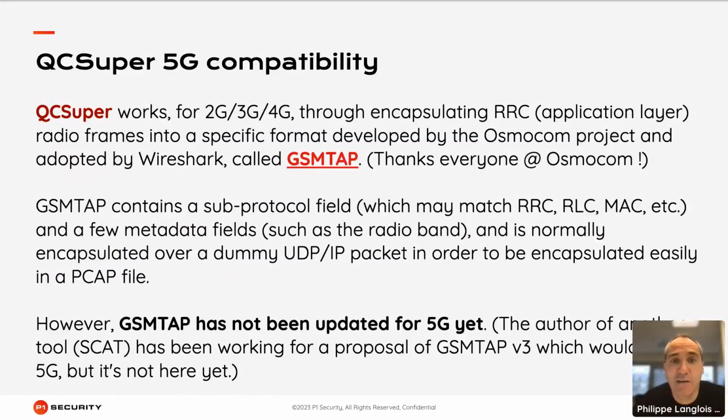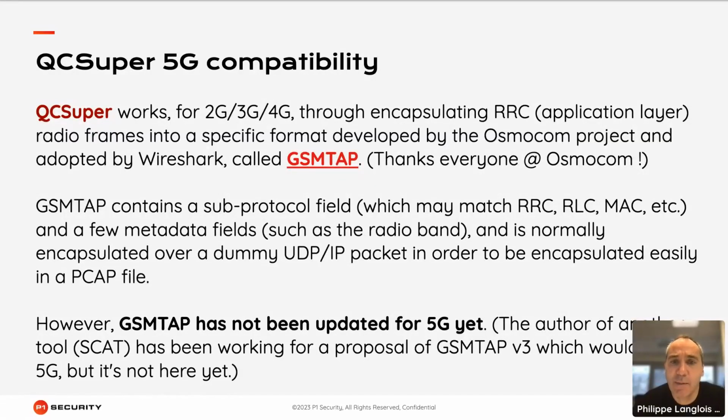But the sub-protocol field of GSMTAP was not updated so that we could have direct decoding by Wireshark of 5G frames. Wireshark itself supports the decoding of such frames perfectly, but we need this subfield that says it's basically 5G RRC, etc., in the next layer. And that's what is missing.